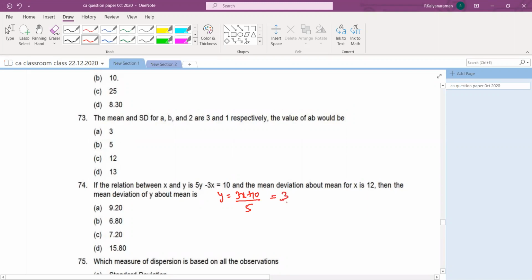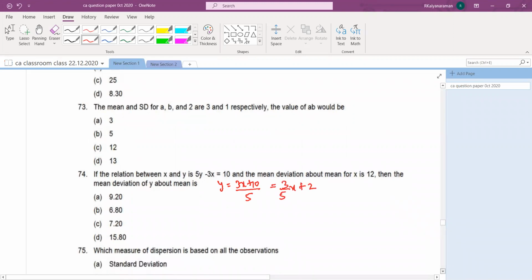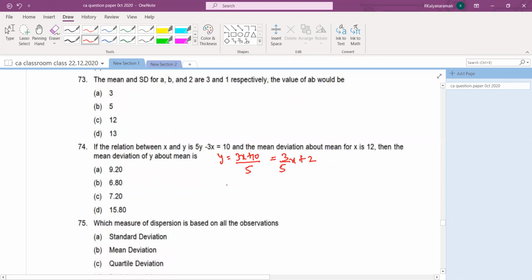So it is 3 by 5 into x plus 2. Find the mean deviation of y about the mean.